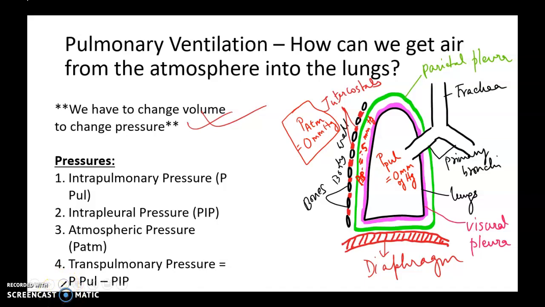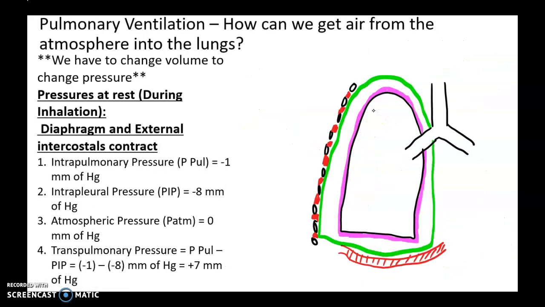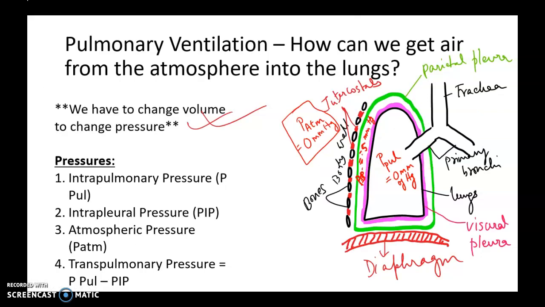Now there is also another pressure that exists across the pleura. So the pressure difference across here, and this is called the transpulmonary pressure.